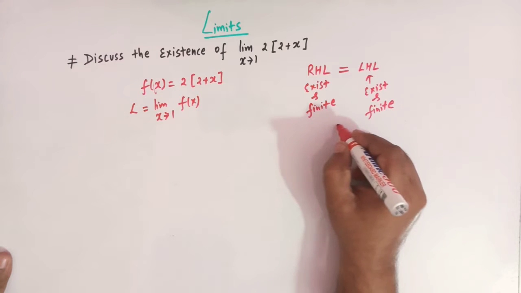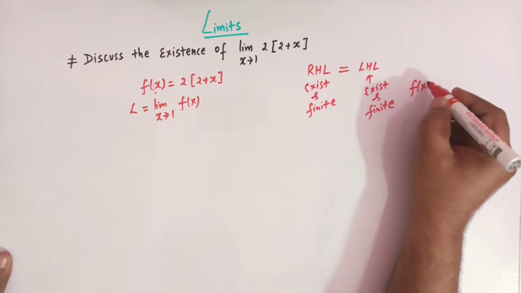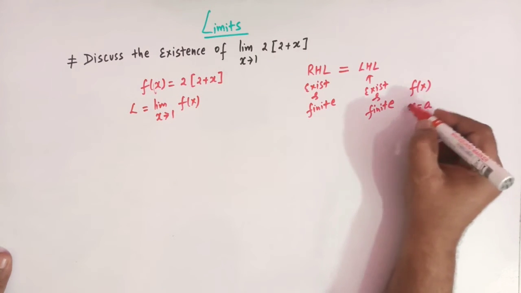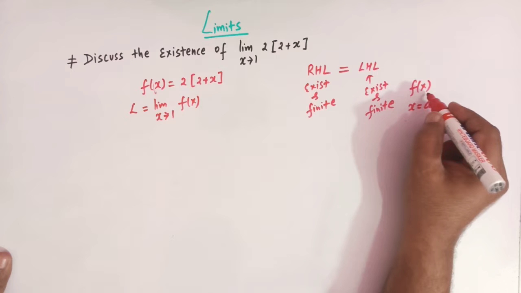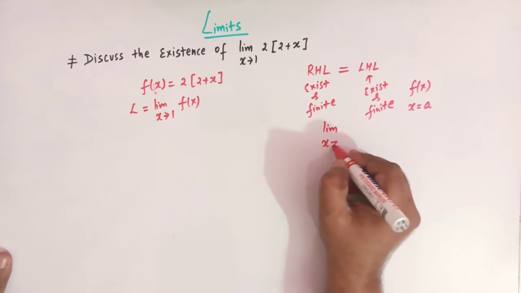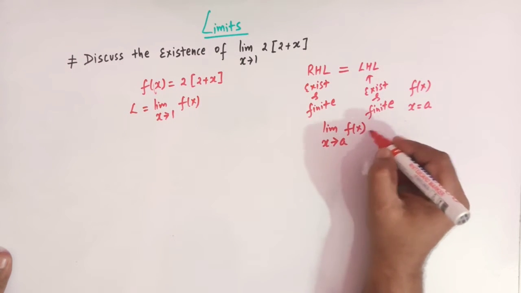For example, suppose we have a function f of x, and let us take a point x equal to a in its domain. Suppose we have to see whether the limit x tends to a of f of x exists or not.